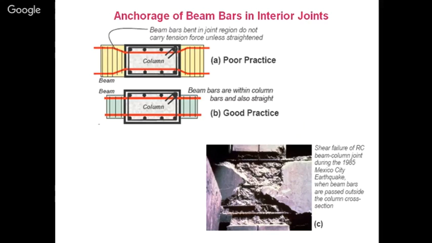If you are playing with the sizes of the beams and columns, reducing the size of the beams or the size of the column, that means you are passing the reinforcement of the beams at a certain angle into the column, which is wrong. Your beam reinforcement is required to pass through the column straight. Some people reduce the sizes of the columns due to architectural aspects. That is a wrong practice.